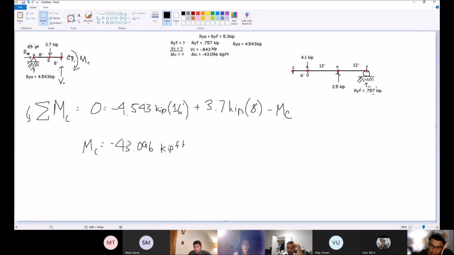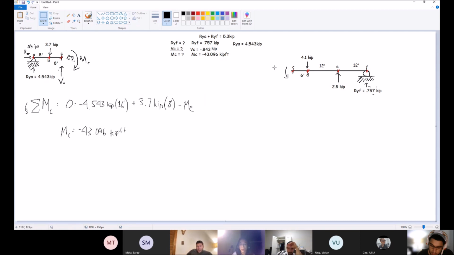All right. Just for fun, I'm going to show you that it doesn't matter which side you take, because it's in equilibrium. So I'm going to do it right here real quick. I'm also going to take the shear, pointing it down this time. So we have the shear plus 4.1 minus 2.5 minus 0.757.